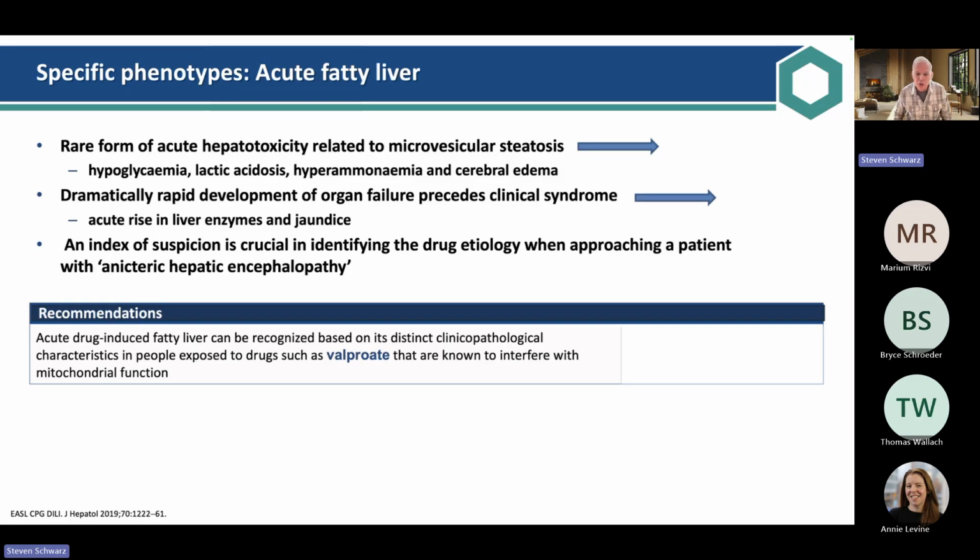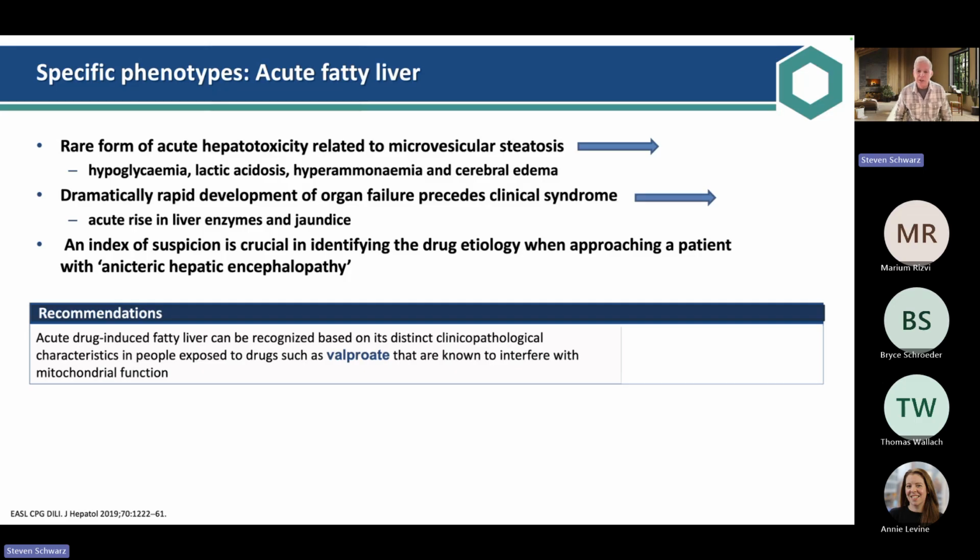And the number one drug in this case is valproate, which interferes with mitochondrial function and is particularly a problem in certain individuals that already have mitochondrial hepatopathies. The most frequent example in pediatrics would be the patients with Alpers-Huttenlocher disease, which is the POLG mutation.